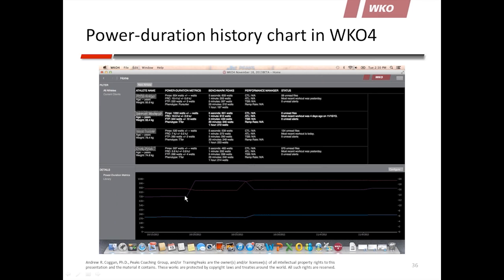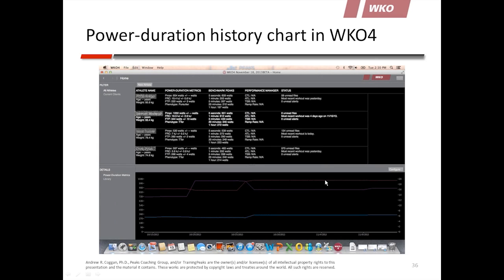They must have had a big jump in their short duration power, such that the model was now fitting to a higher Pmax, but then they haven't expressed that recently, so it dropped back down, whereas FRC was pretty much constant, if that red line is FRC, until about this same time. They must have had a really good middle duration effort, lifting the 30-second to 3-minute portion of the curve up, so that the model-derived FRC goes up.